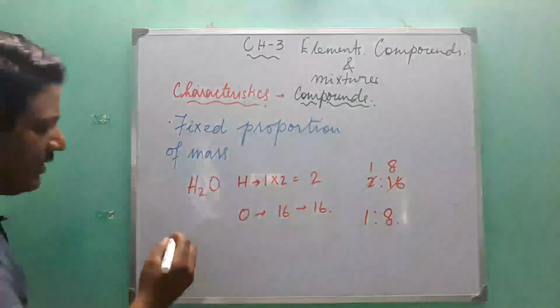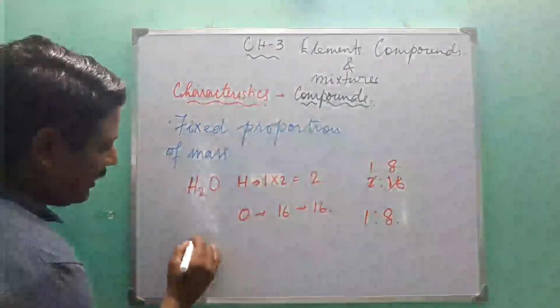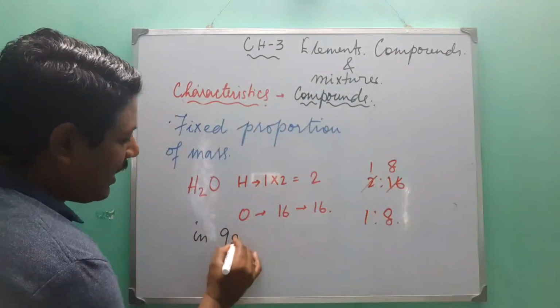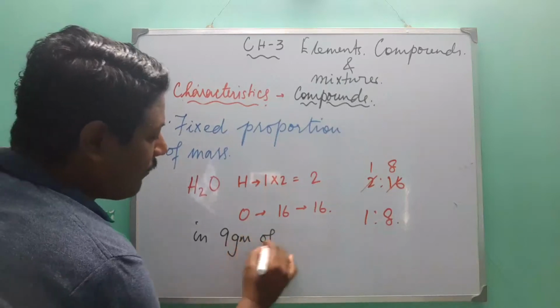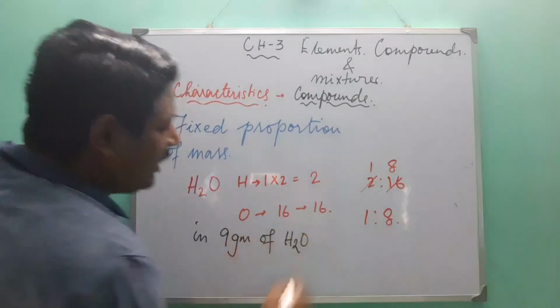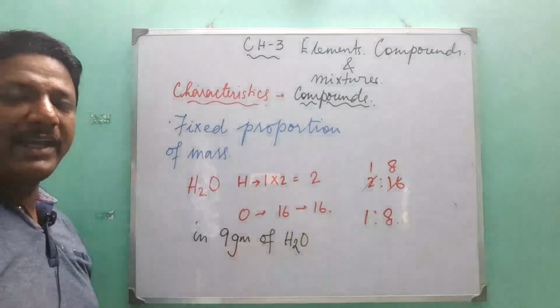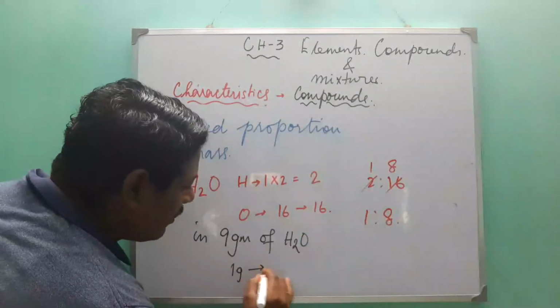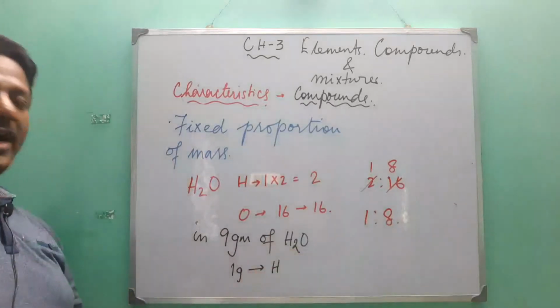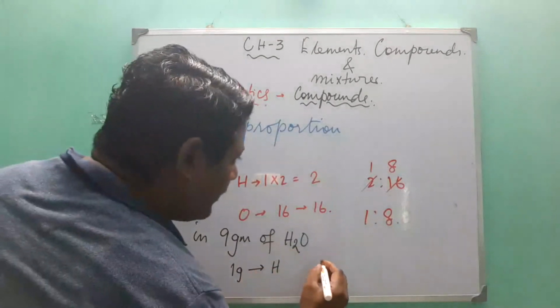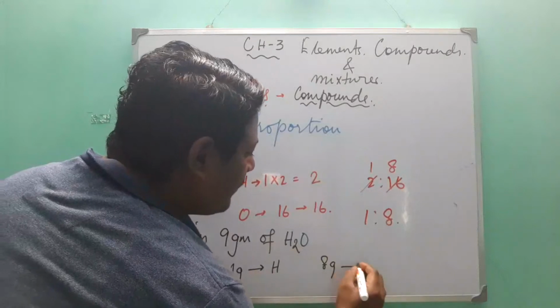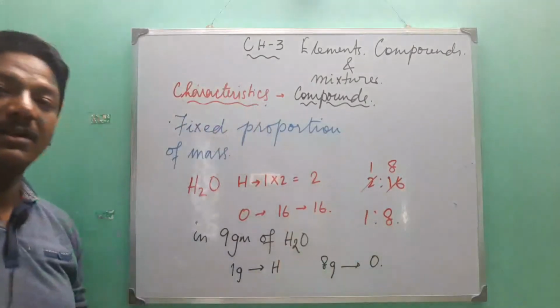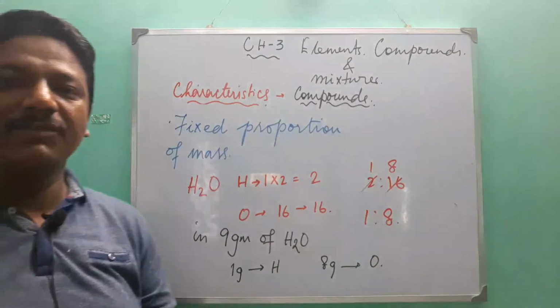Or you can understand it this way: suppose in 9 grams of H2O, that means water, 1 gram is hydrogen and 8 grams is oxygen. This is very simple.